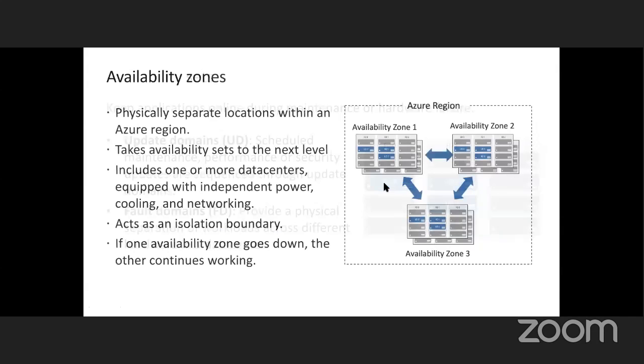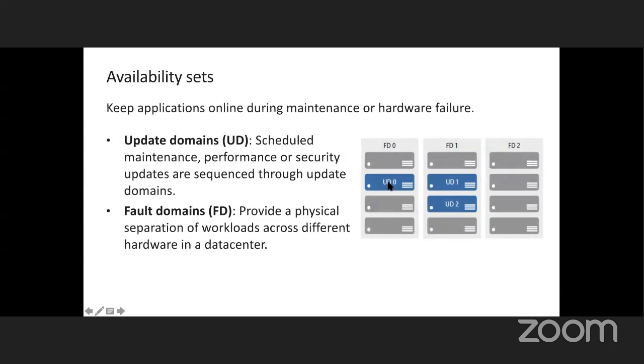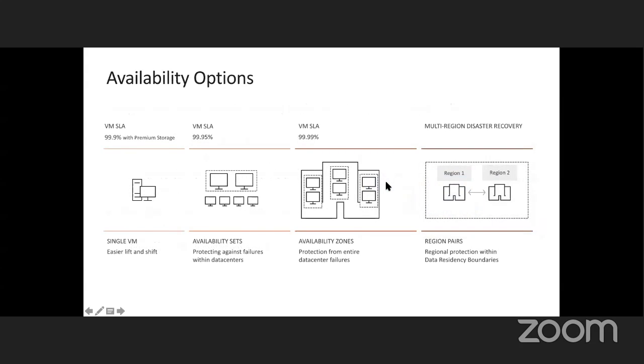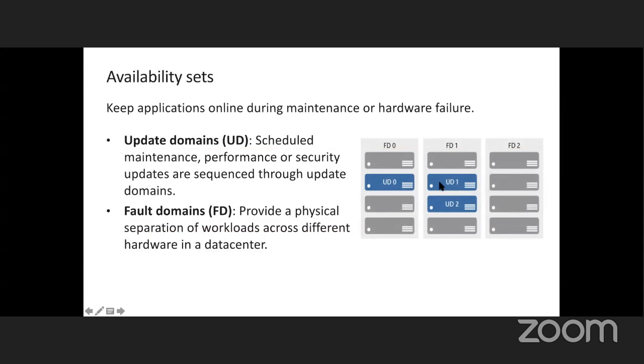So you have the update domain here, UD is update domain. UD1, UD2, so you're using these three, right, for updating your application. And the fault domain, which is FD, FD0, FD1, FD2, is to provide a physical separation of workloads across different hardware in a data center.